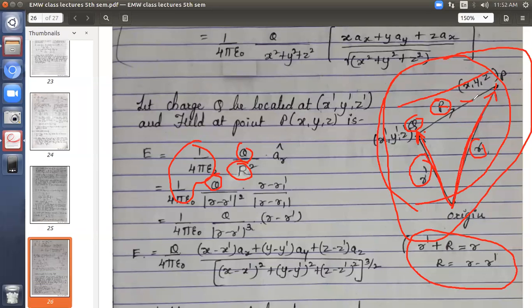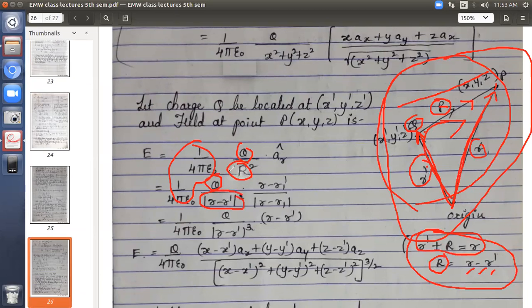From this end, take it in continuity in the triangle. Two directions are in continuity, the third direction is different. R dash plus R is equal to small r, or capital R is equal to r minus R dash. I have substituted that, same thing.